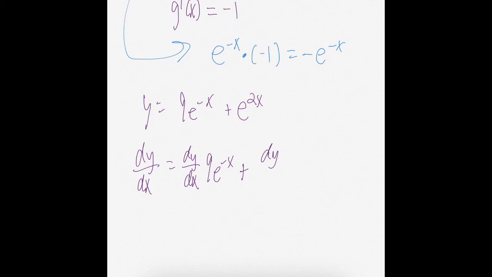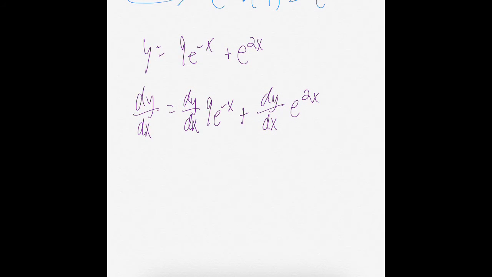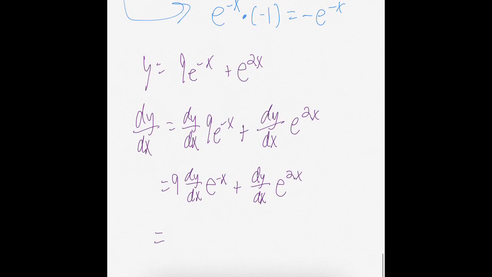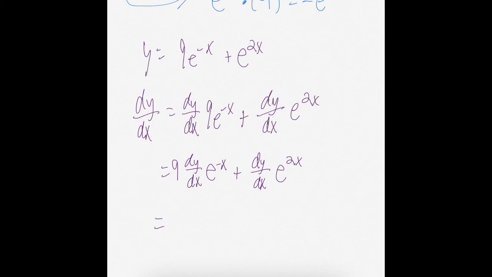It's the derivative of 9e to the minus x plus the derivative of e to the 2x. I can bring the 9 out front because it's just a constant. So that's 9 times the derivative of e to the negative x plus the derivative of e to the 2x. We just figured out that the derivative of e to the minus x is minus e to the minus x. So this is minus 9e to the minus x.